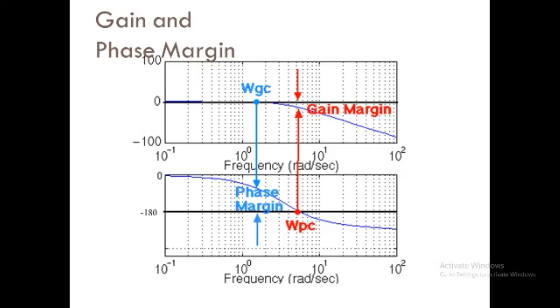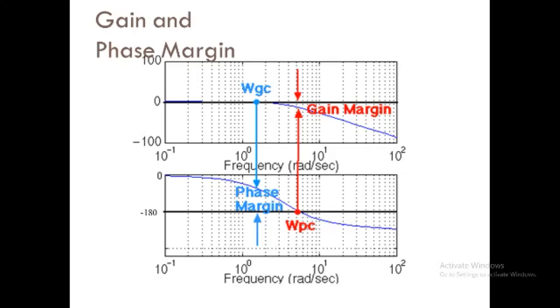Let's see this diagram. This omega GC is shown here. As per the Bode plot, we consider the x-axis and y-axis. The x-axis is taken as 10 to the power 0, then 10 to the power 1, and so on.